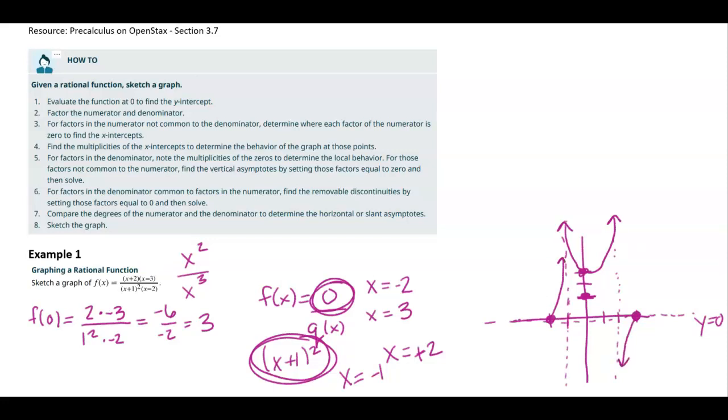Now, since I have these zeros, but they're not bounces, and I have this horizontal asymptote, I'm going to guess that my function does a little something like this, and use a graphing utility to check your work. But this is what our graph is going to look like.